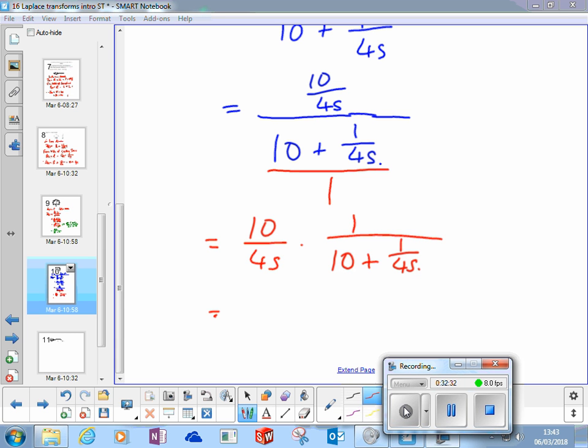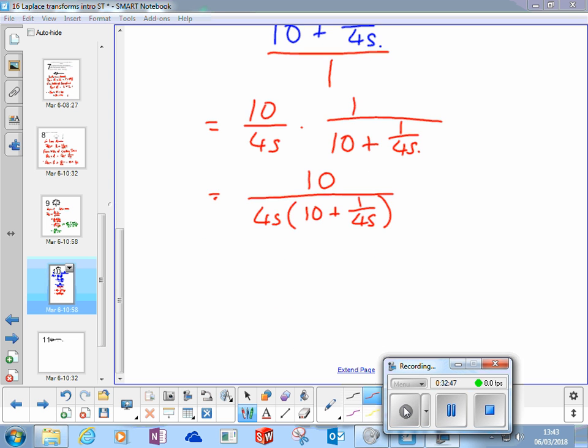Multiplying those two together gives us, top line 10, bottom line 4s, outside some brackets, 10 plus 1 over 4s. You're going to see in a minute, Ed, why you don't get rid of that 4 up the top there.